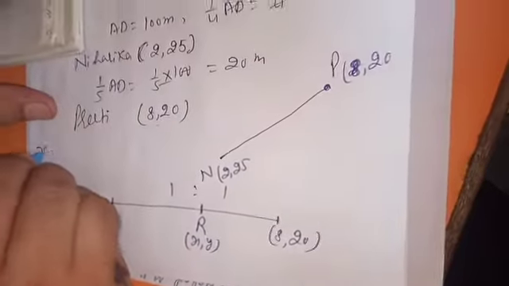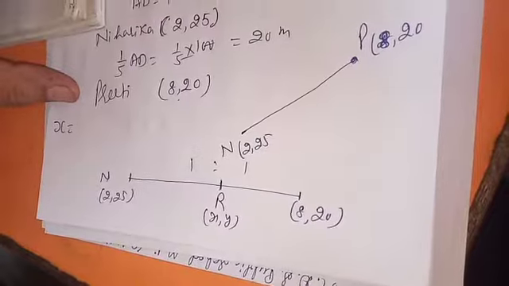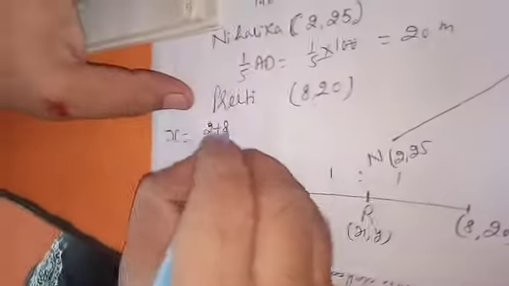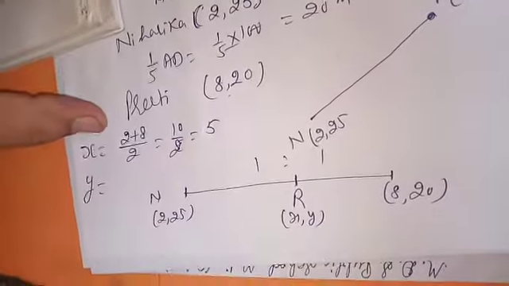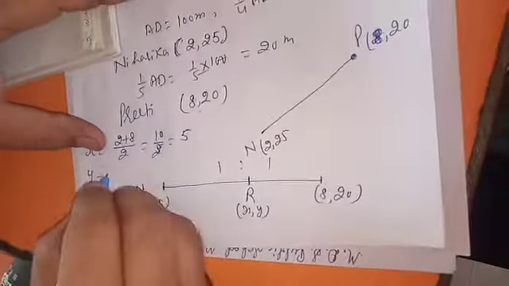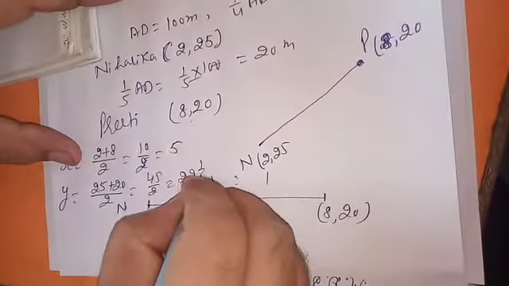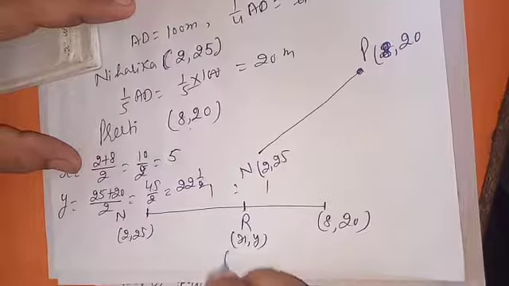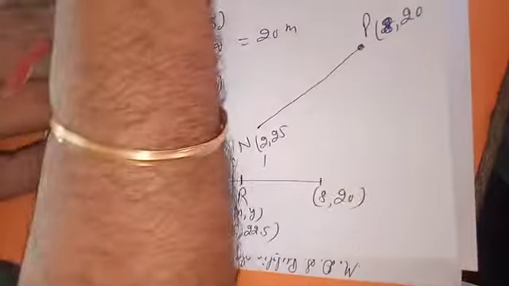What is the value of x? x1 plus x2 divided by 2, meaning 2 plus 8 divided by 2, meaning 10 by 2, meaning 5. y is equal to what? 25 plus 20 by 2, meaning 45 by 2, meaning 22 and a half. So its coordinates are 5 and 22.5. You can see. Understood?